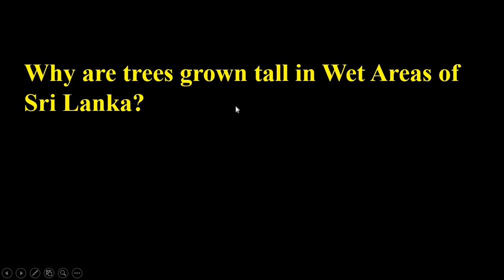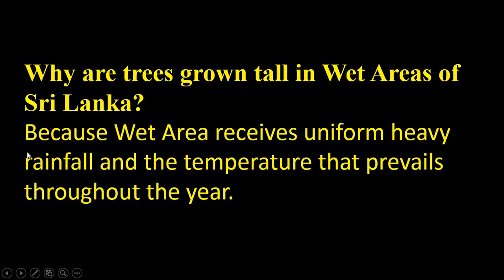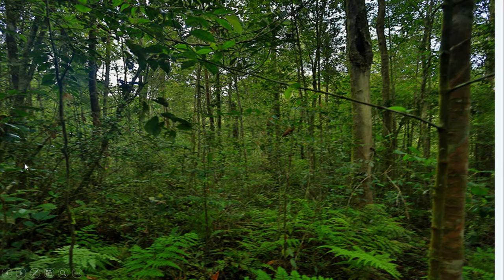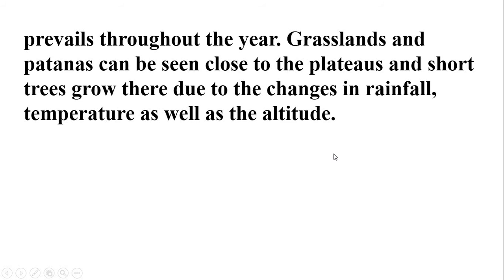Why are trees grown tall in wet areas of Sri Lanka? Why? What is the reason? Because the wet area receives uniform, heavy rainfall and the temperature prevails throughout the year. Here, these trees are very tall.